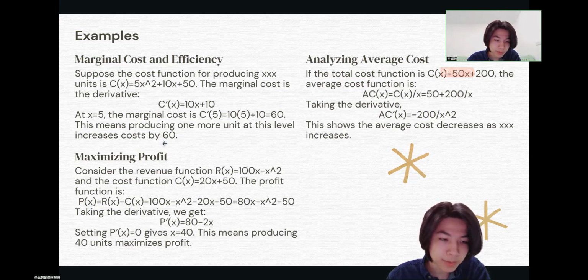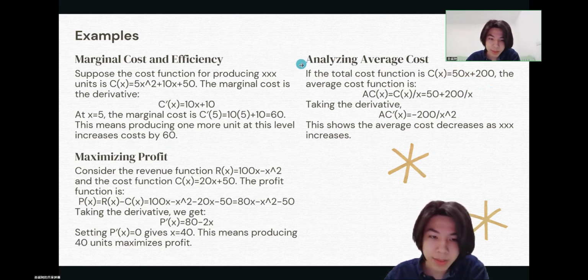Taking the derivative of the profit function gives 80 minus 2 times x. Setting this equal to 0 and solving for x, we find x equals 40. This means producing 40 units maximizes profit.